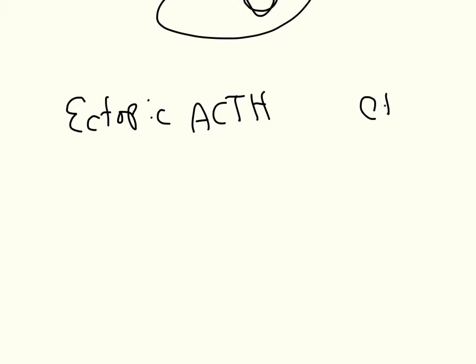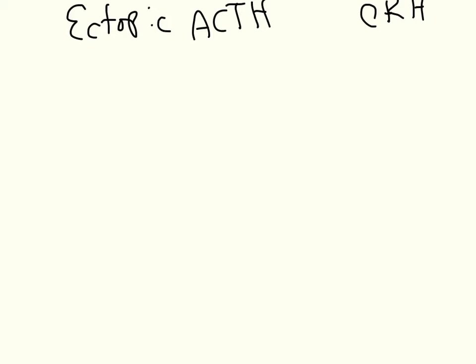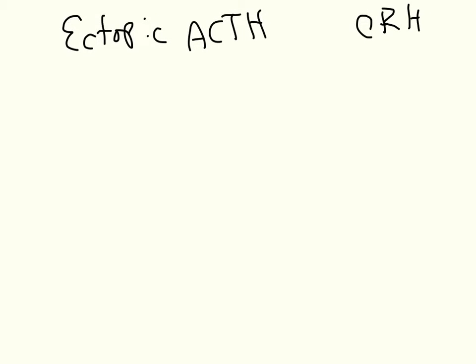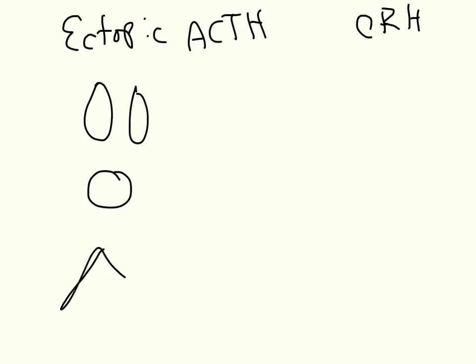Then in the last two, you can have ectopics. So ectopic ACTH or ectopic CRH. Now with ectopic ACTH, you have your hypothalamus, you have your pituitary, you have your adrenal gland, and then you have some extraneous source of ACTH.